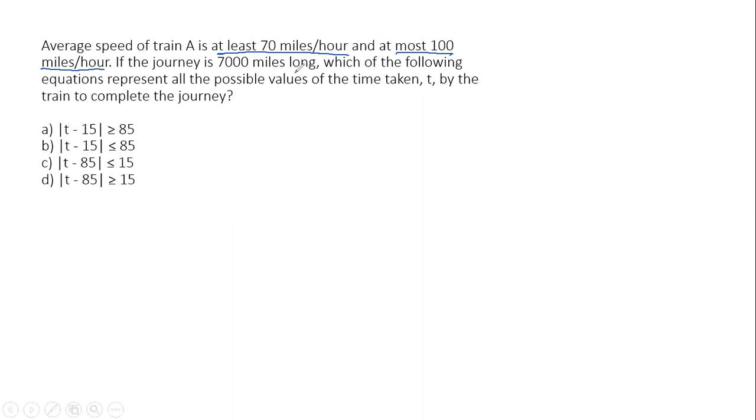If the journey is 7,000 miles, so the distance is given to me as 7,000 miles, which of the following equations represents all the possible values of time taken? So guys, be careful. I want the equation which represents all the possible values of time taken t by the train to complete the journey. So my focus is on t.